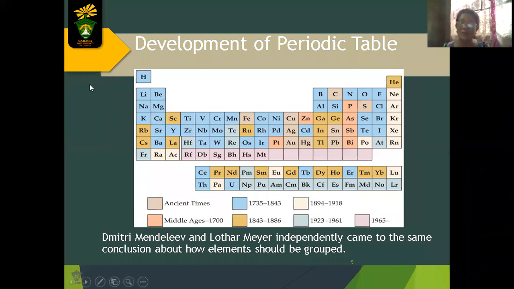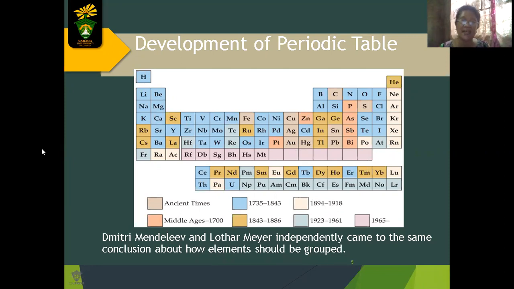This is what they have discovered. These are the first elements discovered by Mendeleev and at the same time Lothar Meyer, the first elements in place in the periodic table. It was still small, unlike today. As you can see here, these elements are classified by color, which signifies what year or time they were discovered.